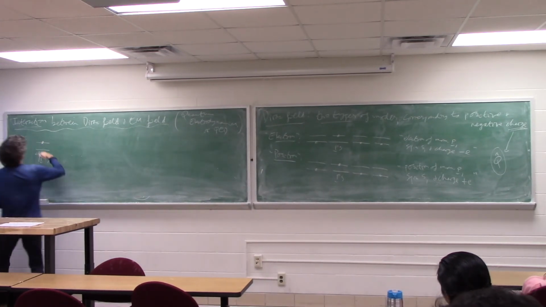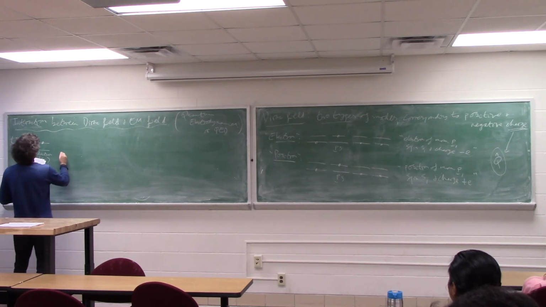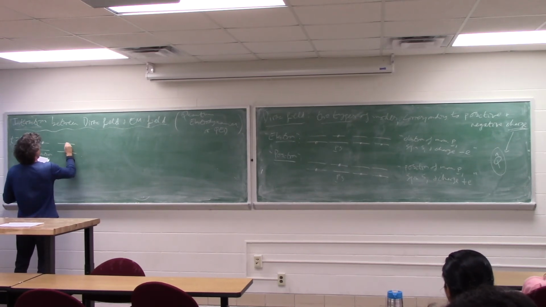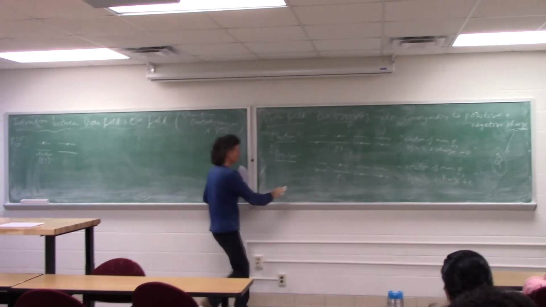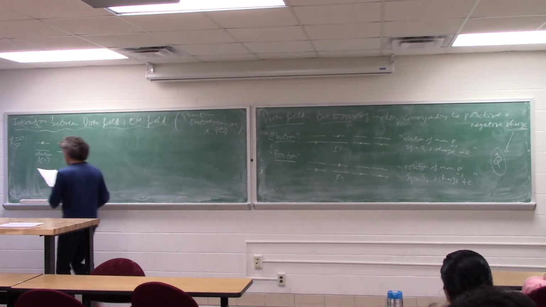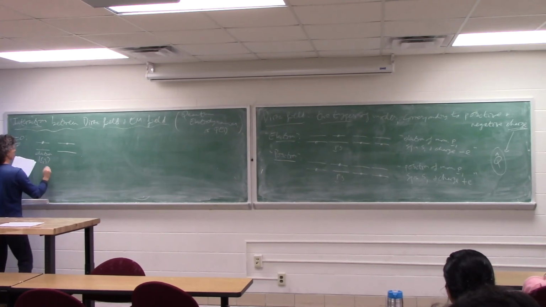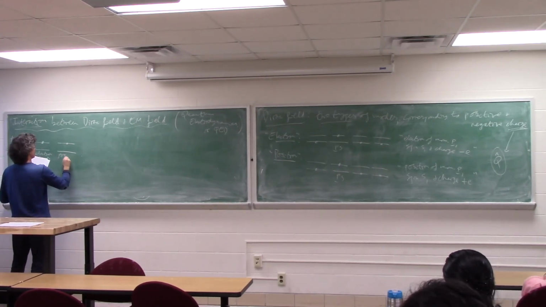So there's an electron with momentum p. I also have one mode of the positron side excited, let's call this P2 and S2, a positron with momentum P2 and spin S2.